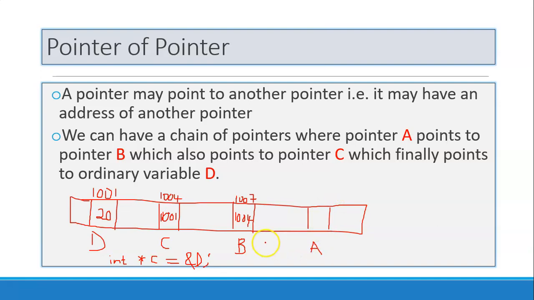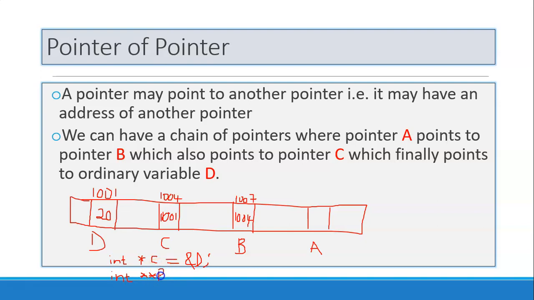Maybe before we do this, let's see how this can be declared. We can have a pointer of a pointer, maybe int **b. Because this one is a pointer of a pointer, a two-level pointer, we should have two asterisks when making our declaration.